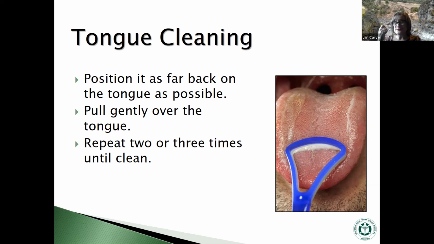You don't want to gag yourself, but go as far back as you can manage, and then just scrape down, and you see the white stuff coming down on there. That's basically what it's going to look like. Now, this particular person's tongue was fairly clean in the first place. This is something that needs to be done regularly just to keep that bacteria that's lodged on the surface of your tongue out of there.